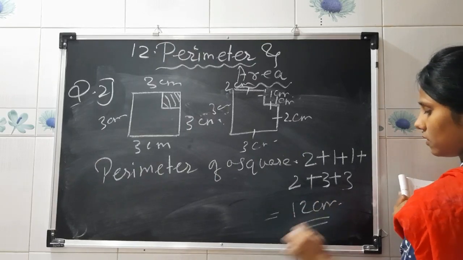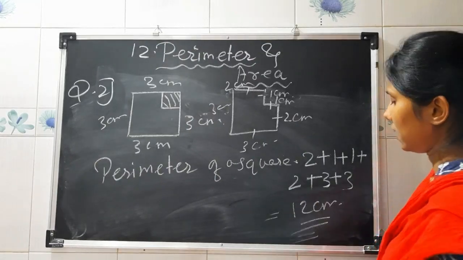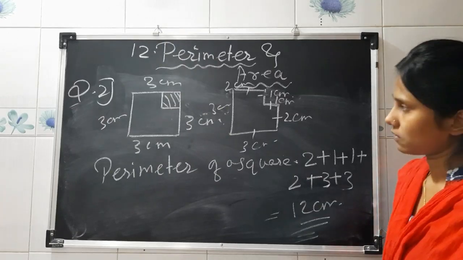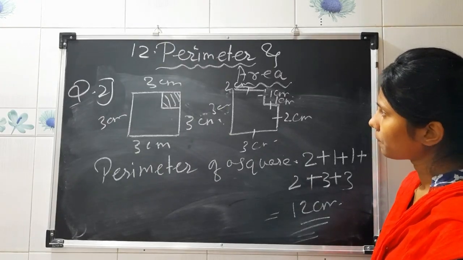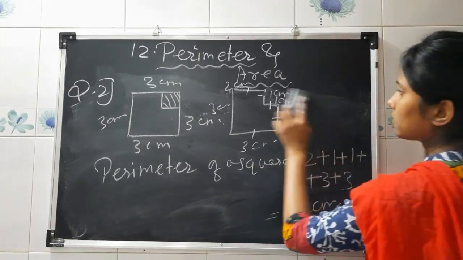So the perimeter of the shape is 12 centimeters. Understood?